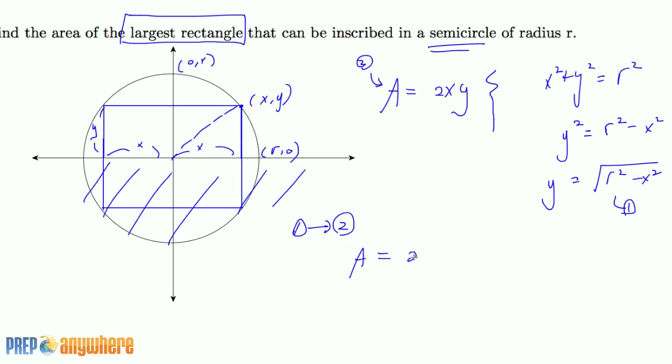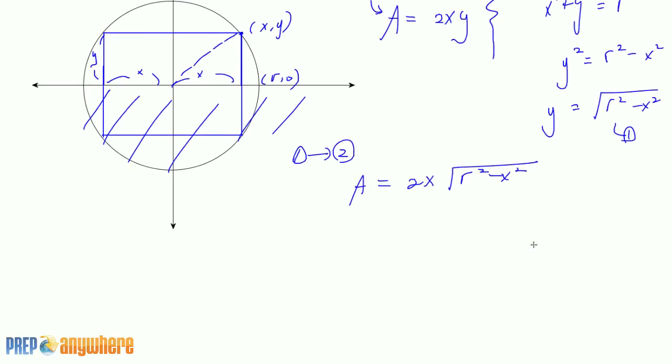So area is equal to 2x times the square root of r squared minus x squared. To find the optimal solution, differentiate. Differentiate with respect to x and we get this.